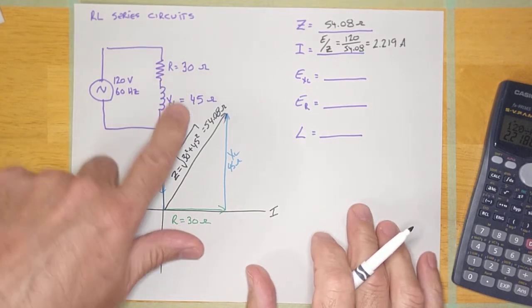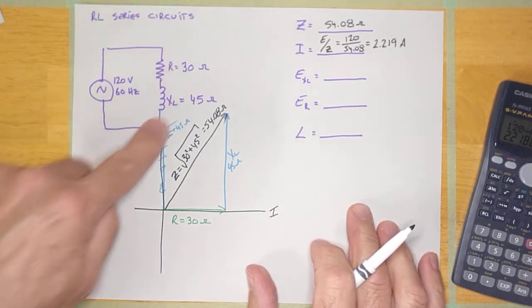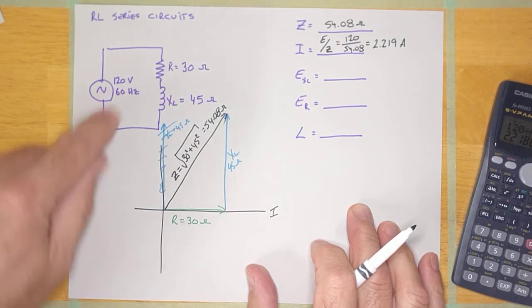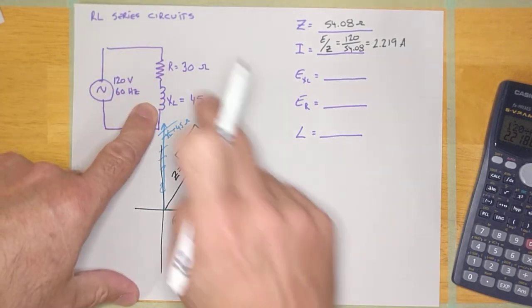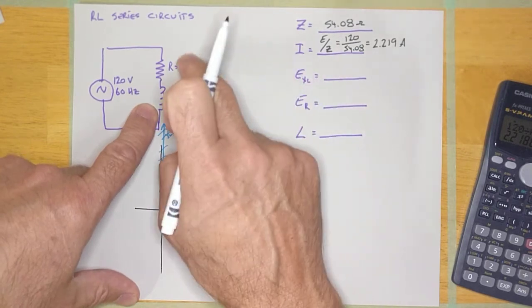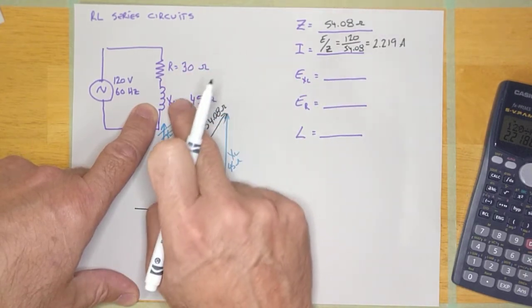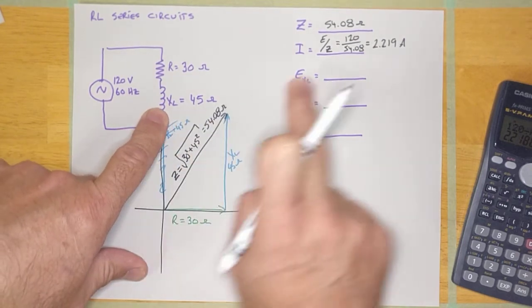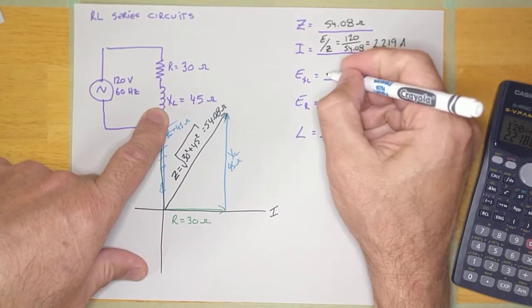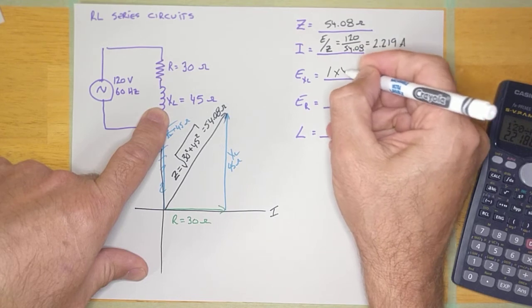And just like in level 1, we just applied Ohm's law to the entire circuit. I can also apply it to individual components in the circuit. And so I'm going to use Ohm's law to calculate the drop there and also the voltage drop there. The voltage drop here is going to be EXL, and it is going to be I times XL.